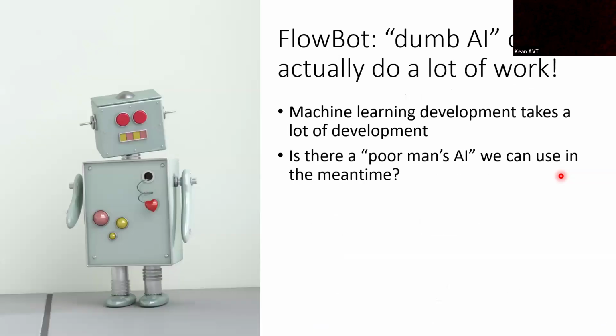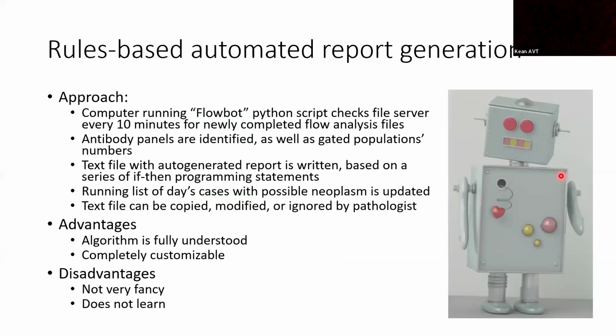Before we jump into that too much, I just want to talk a little bit about Flowbot. I kind of call this our dumb AI, but it can actually do a lot of work. Machine learning takes a lot of development and requires labeled data and so forth. Is there a poor man's AI that we can use in the meantime? Just rules-based automated report generation is very helpful, and we're using that a lot. Basically, it looks at the analysis files that we've already done and creates a template report that we can use in the lab.